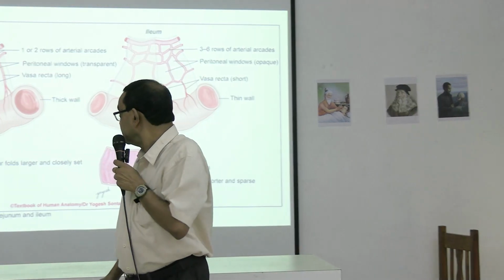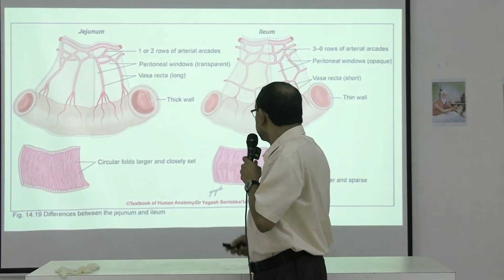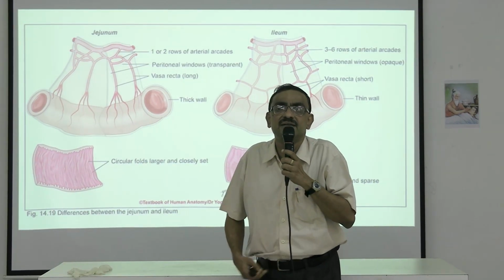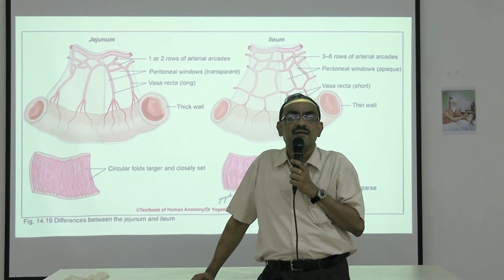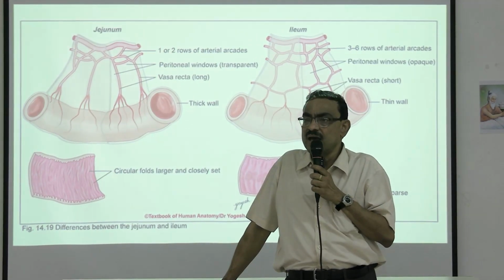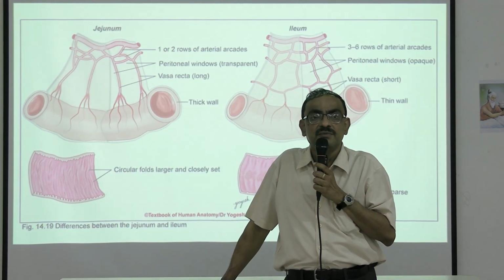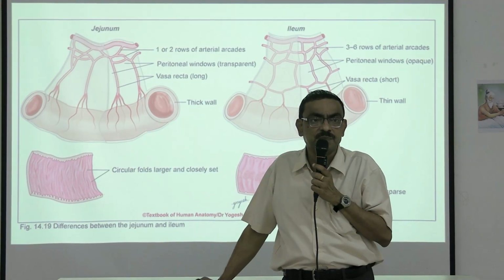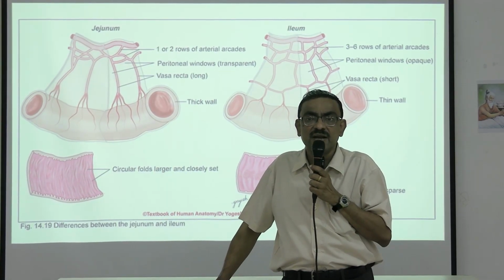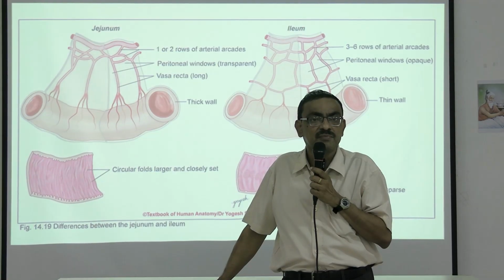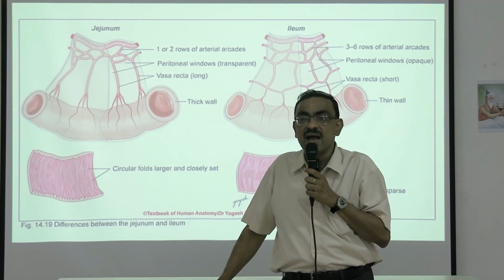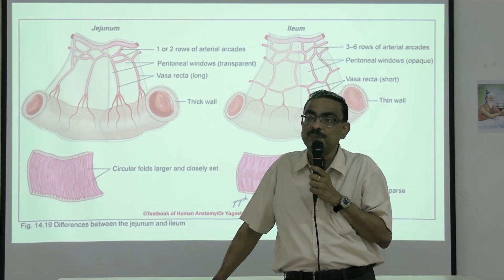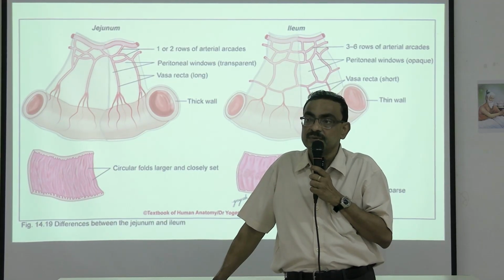So, on the jejunal end, the gut will appear very much reddish due to presence of wider artery and blood, and on the ileal end it will appear paler.